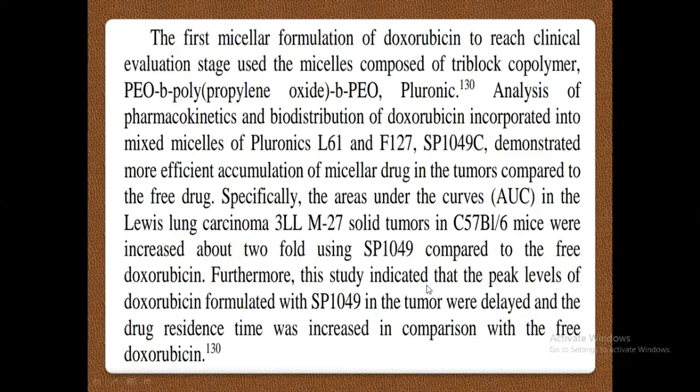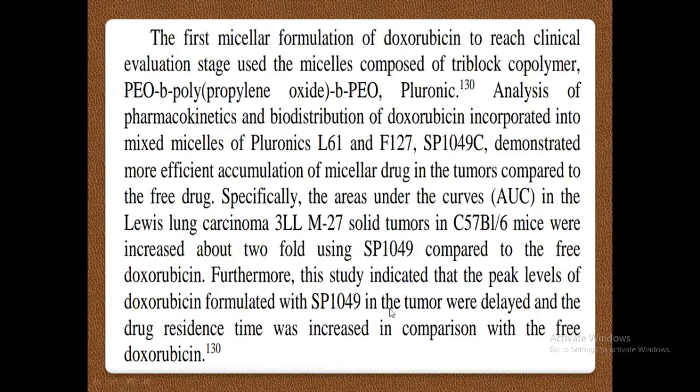Furthermore, this study indicated that the peak levels of doxorubicin formulated with SP1049C. Similarly, LL-M27 is the lung carcinoma. Then another tumor, C57BL/6, is another tumor. In all these cases, doxorubicin has given good results.